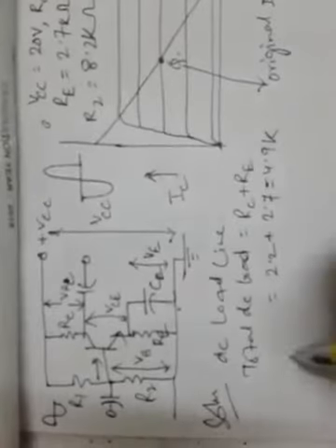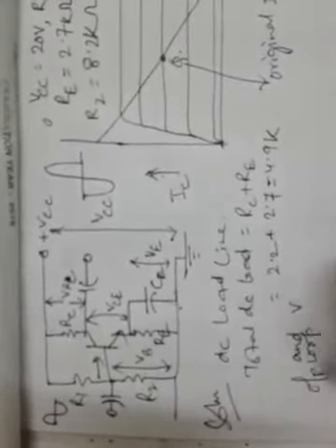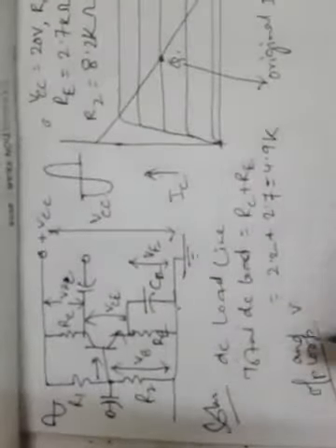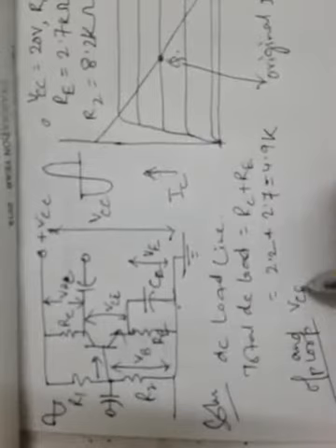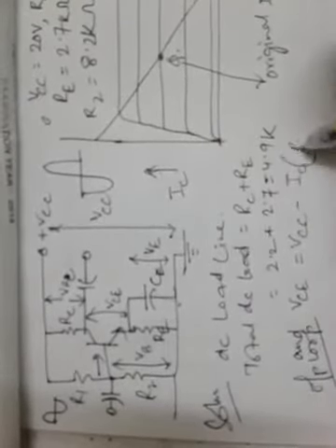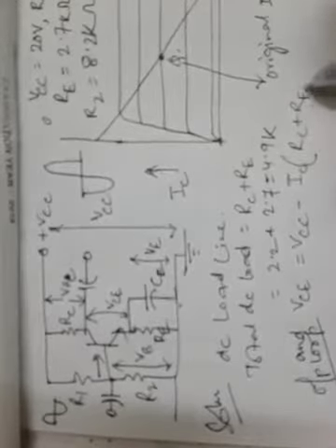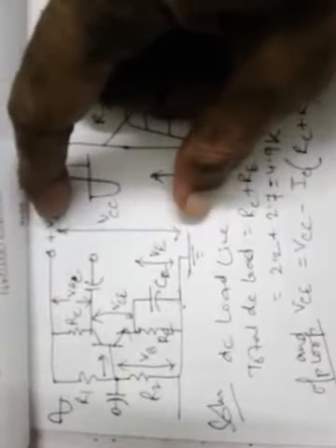So the equation from the output loop of the above circuit will be VCE equal to VCC minus IC into RC plus RE. Very simple, we can write from here. VCC is the total, so from there you can subtract this voltage and you get this voltage.